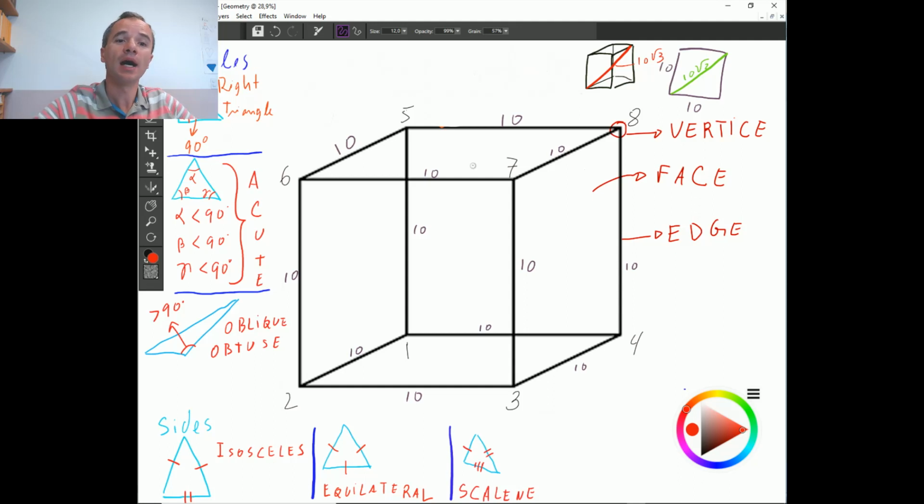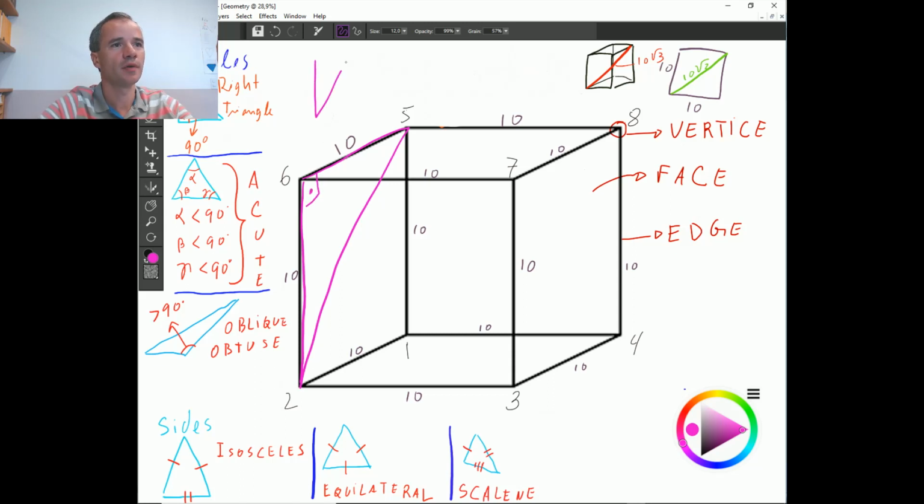Now if I just ask you this, imagine this triangle in here. What is this triangle? Well, first let's talk about its angles. It's going to be a right triangle, right? Why? Look, we have a 90 degrees in here. Can you see?